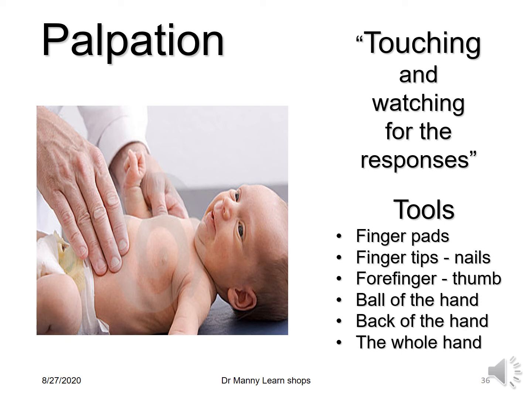I mean, for example here, your finger pads are used to determine maybe temperature of the skin, pulsations, whereas your whole hand could be assessing their grip, their strength. So your hands, your fingers are all tools that are important for palpation.